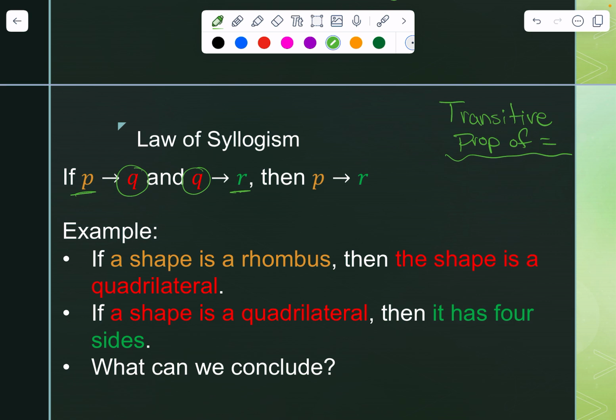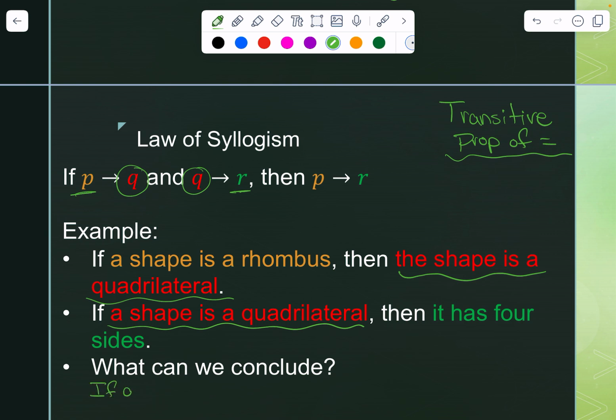If we look here, it says, if a shape is a rhombus, then the shape is a quadrilateral. If a shape is a quadrilateral, notice those Q's are the same, then it has four sides. So what can we conclude?